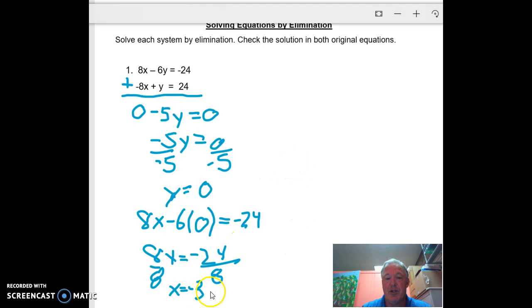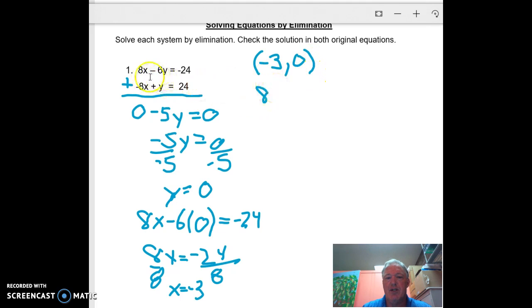The direction said, take the solution and plug it back into both equations. So remember how we write the solution? We write it like it's a point on a graph. So we have x is equal to negative 3, comma, y is equal to 0. So let's do the first one.